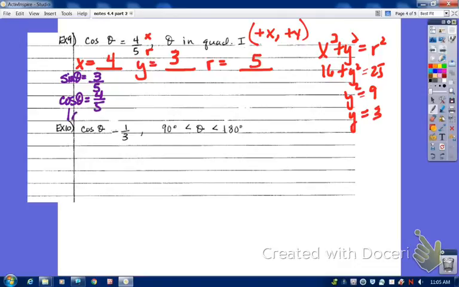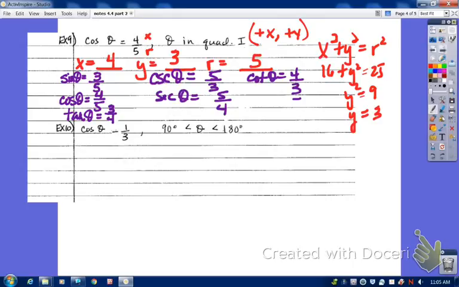Tangent would be 3/4, y over x. And then you can use your reciprocal identity. So cosecant would be 5/3, secant would be 5/4, and cotangent would be 4/3.